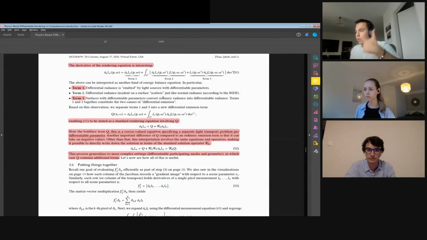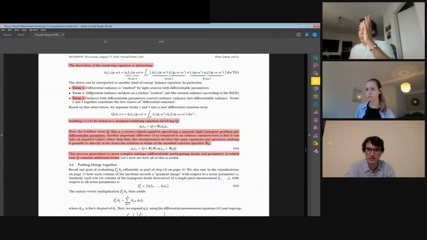Surfaces with differentiable parameters convert ordinary radiance into differentiable radiance, which is kind of a crazy idea, but it helped me understand the idea of providing a differentiable emission into the scene.